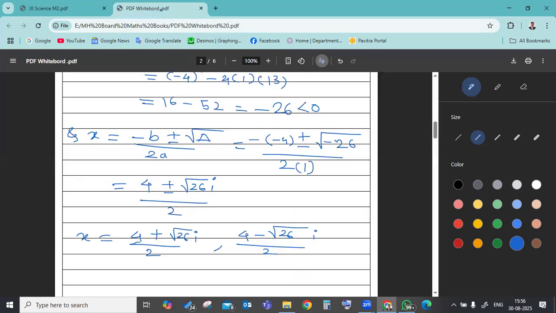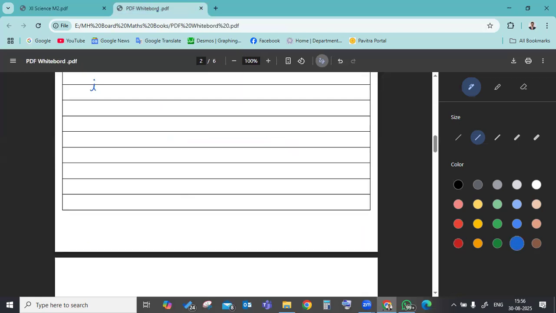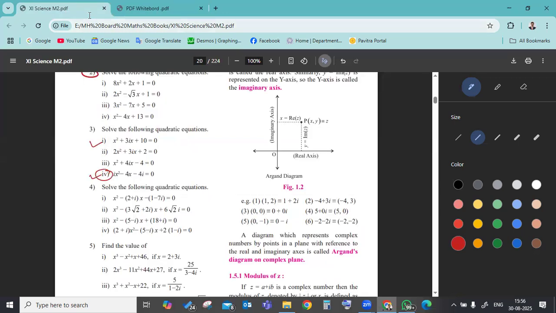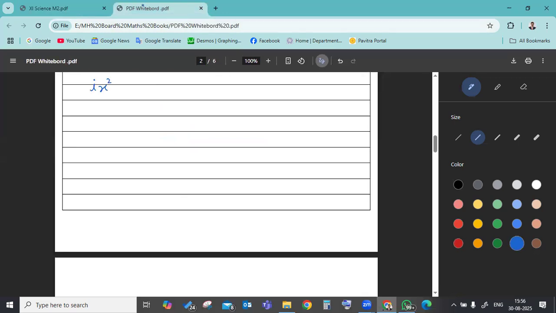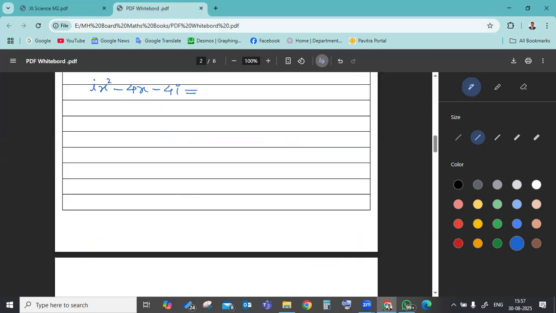Okay. Next, go towards the next question. For this one, should we solve the fourth? ix square minus 4x minus 4i equals 0. Compare, we get a equals i, b equals minus 4, c equals minus 4i.